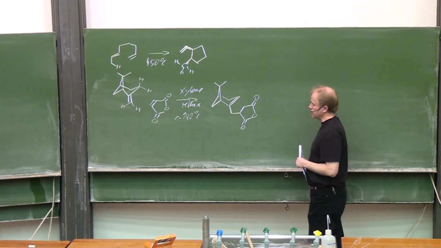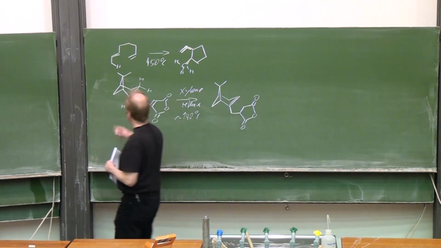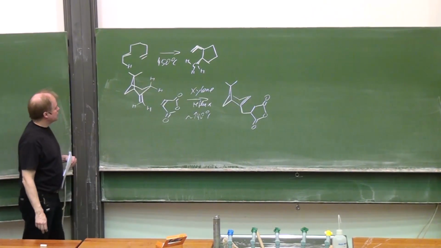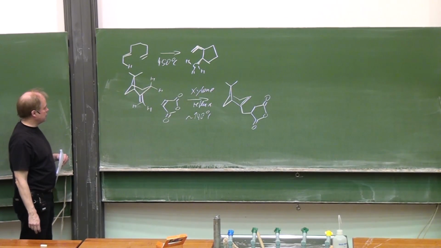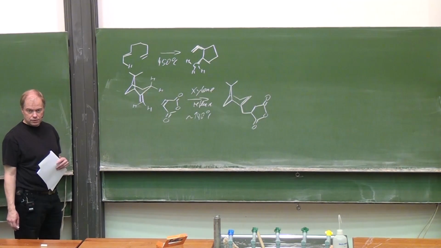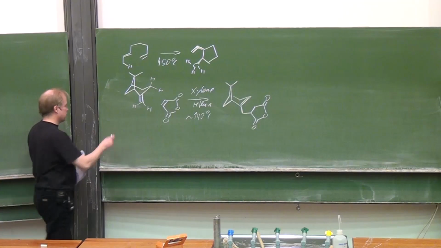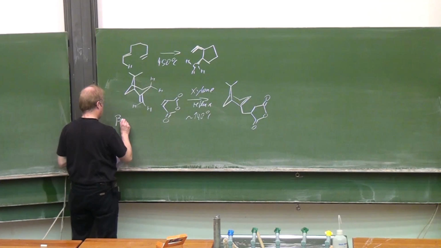Resulting in this product. By the way, you might notice that this starting allylic component is a terpenoid, a natural product, and this is beta-pinene.